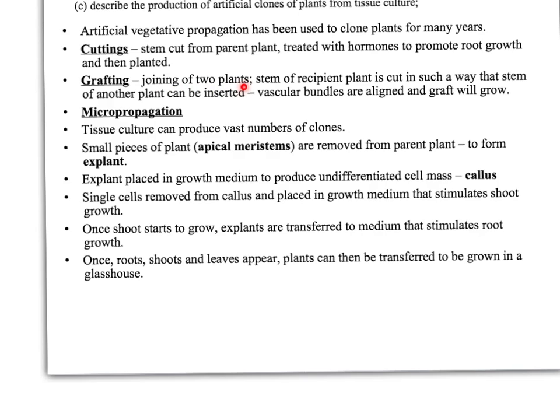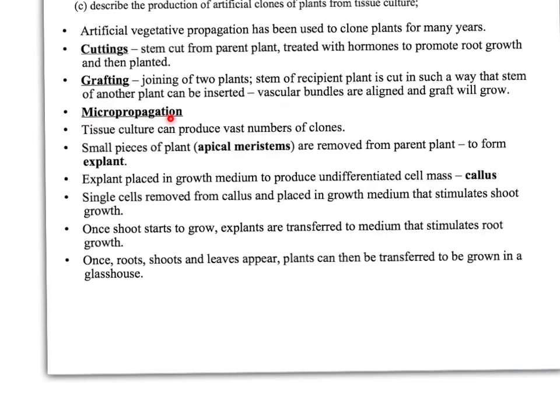We cut the stem of a recipient plant in such a way that the stem of another plant can be inserted. We have to align the vascular bundles, so water will move up the xylem and sugars will move down the phloem, and the graft will start to grow. We can graft pear trees onto apple trees, and all sorts of interesting things can be done with grafting. I'll show this diagrammatically below in a second, and then micropropagation, which we'll also come to.